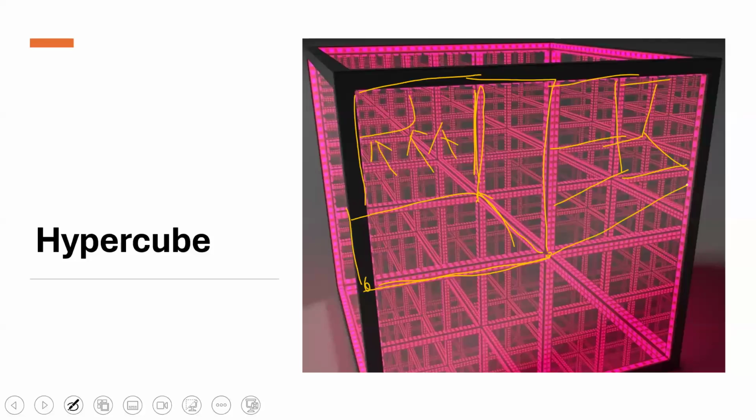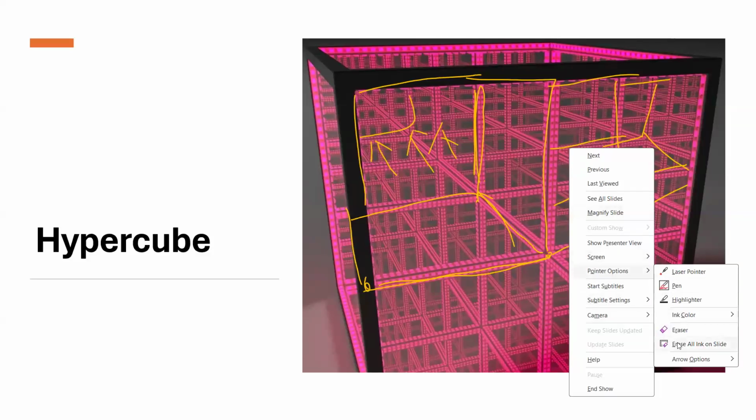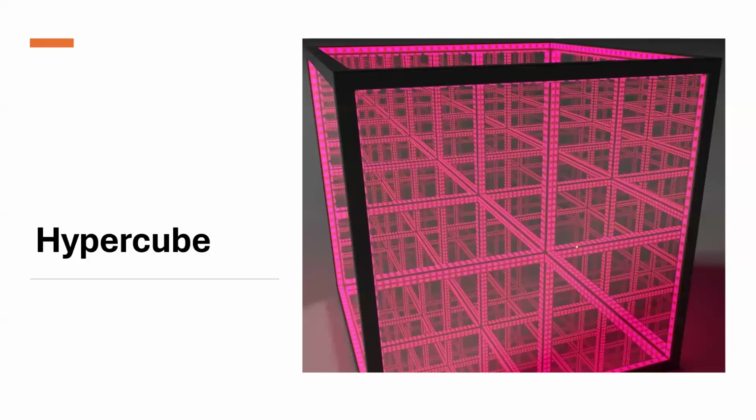We are seeing so many cubes just because we are taking and moving to the next dimension and joining the vertices. That's why you are looking at so many squares or cubes in this diagram. So that is how you have to visualize this. A hypercube is nothing but a cube in higher dimensions. You can have a look at this to see how the diagrams look in higher dimensions.